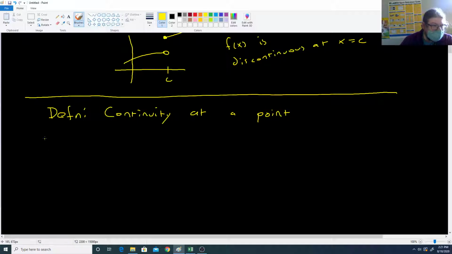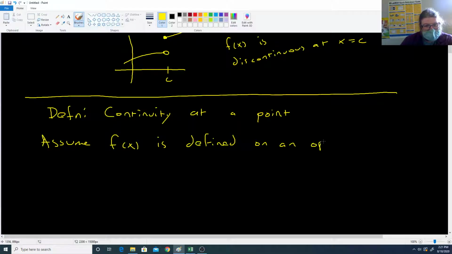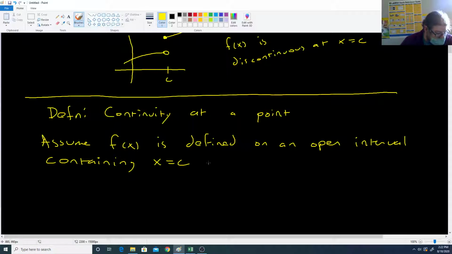So we say assume f of x is defined on an open interval containing x equals c. Then the following things will happen.